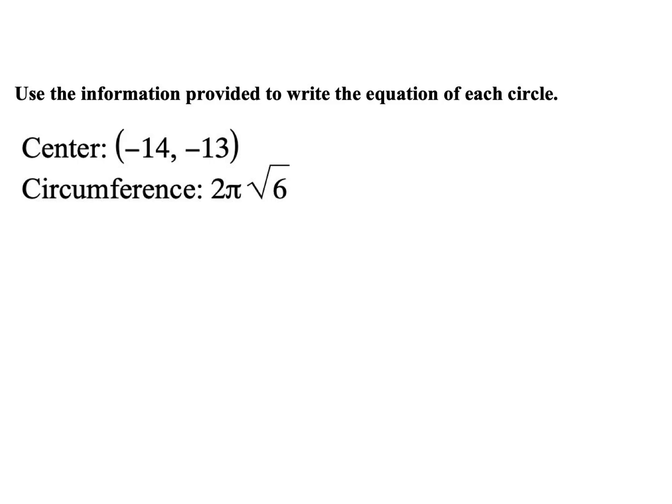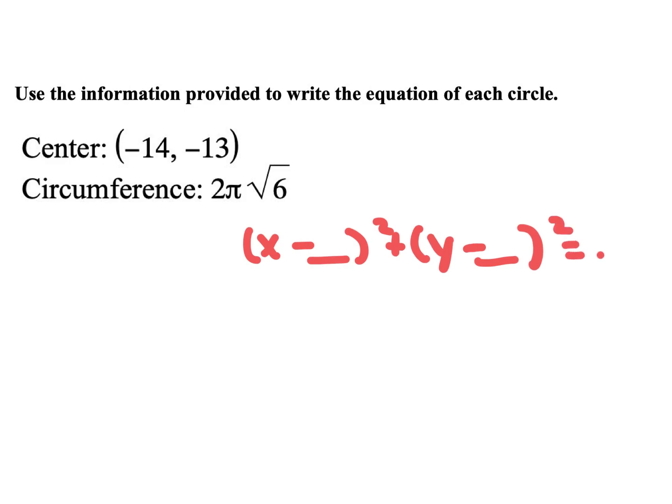In this example, I'm going to start with the equation in standard form. It's x minus the blank squared plus y minus the blank squared equals the radius squared. So the x of the center is negative 14. The y is negative 13.